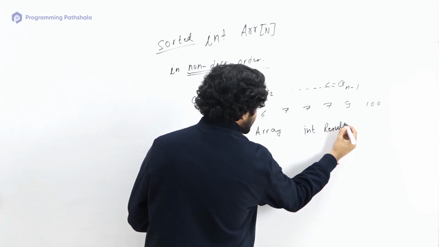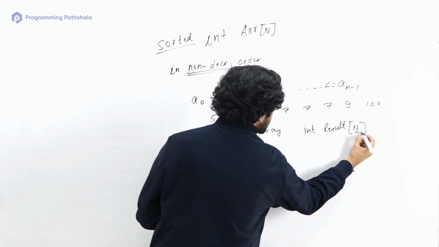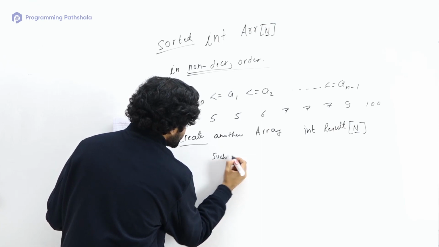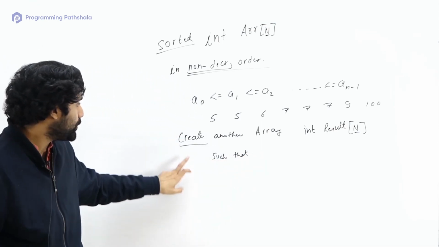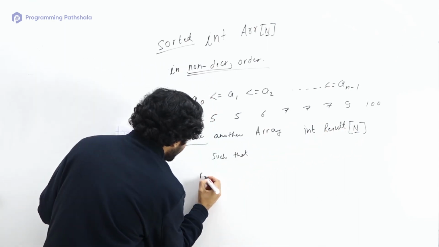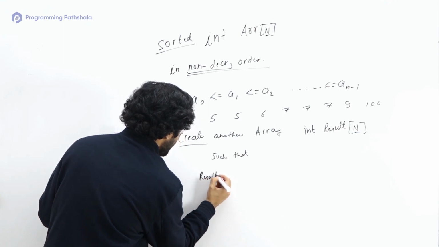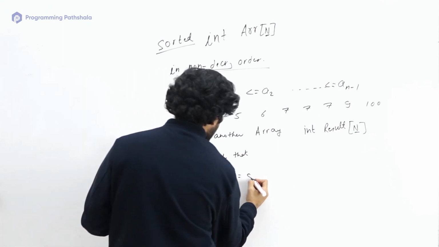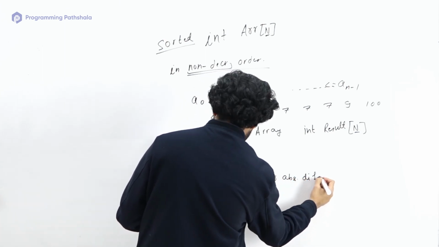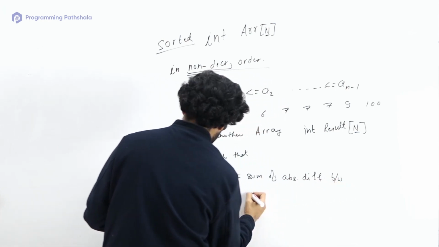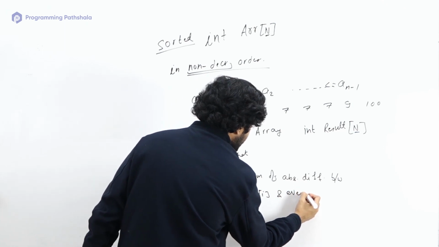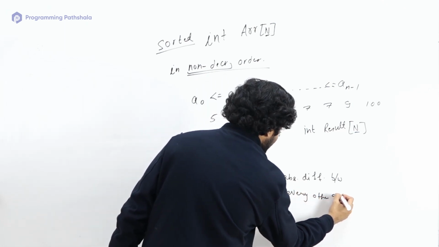So you have to create a result array of the same size, which is n, such that, so now I'm going to tell you that you have to create another array result of size n, such that result of I must be equal to the sum of absolute difference between array I and every other array element.